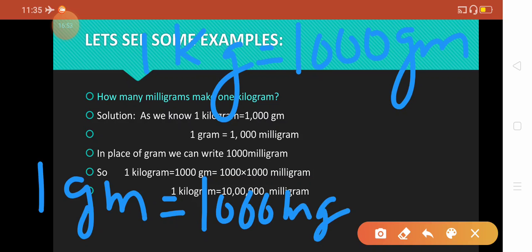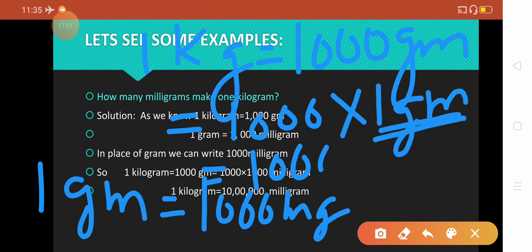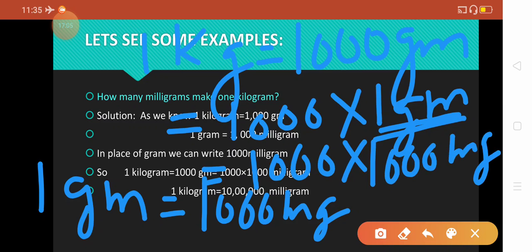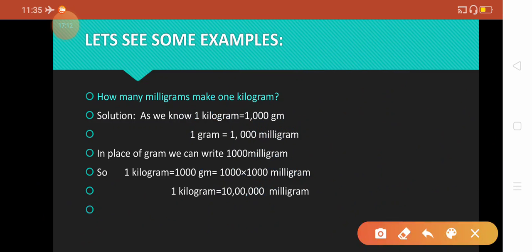So in place of this, we will write 1000 multiplied by 1 gram. In place of 1 gram, we will write 1000 multiplied by 1000 milligram. So this will multiply to 10 lakh, and the unit is milligram. So we will get 1 kilogram is equal to 10 lakh milligram.